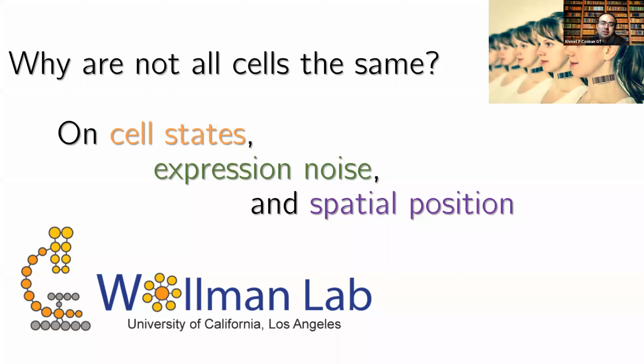After 2016, he became faculty at UCLA, where he currently conducts spatial omics related work, applying modeling approaches to spatial MERFISH or sequential FISH type data. Without further ado, I'll turn to Roy, please.